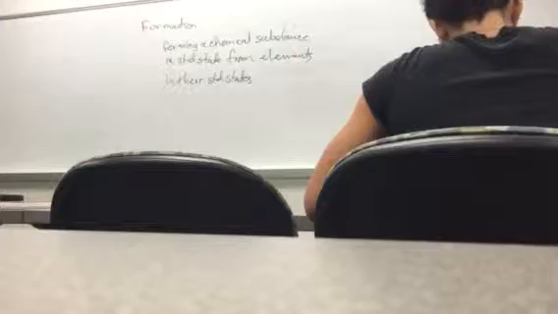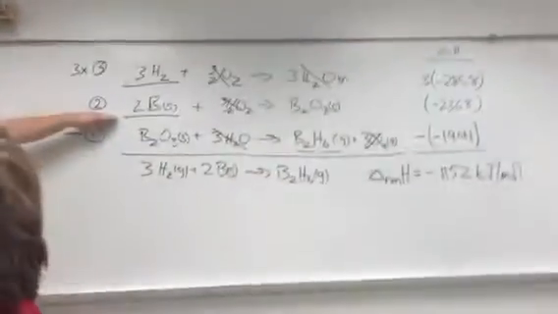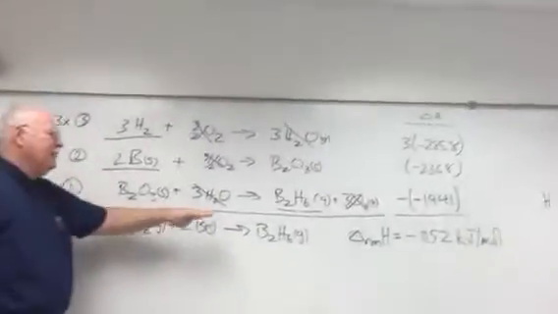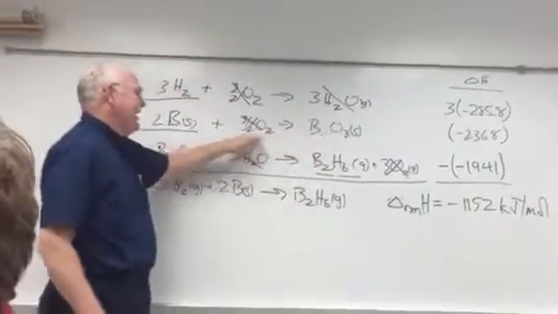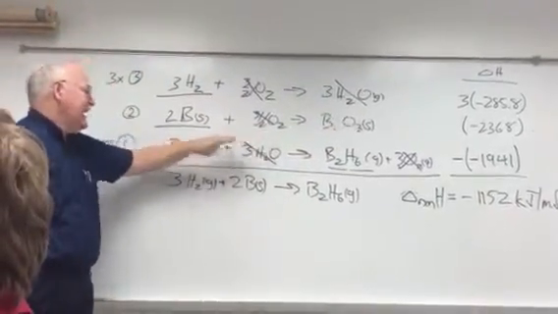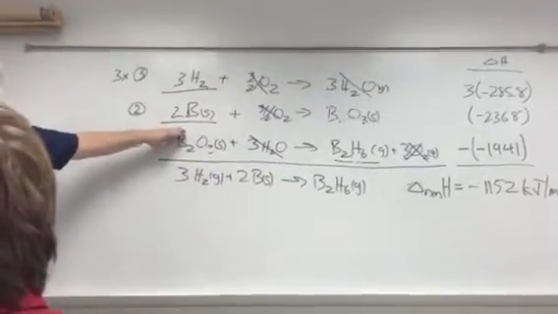For example, this reaction number 2 up here is a formation reaction, forming diboron trioxide from the element oxygen and the element boron.